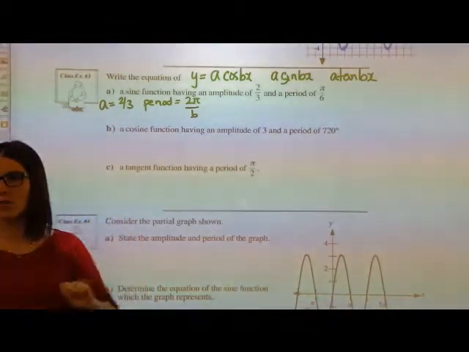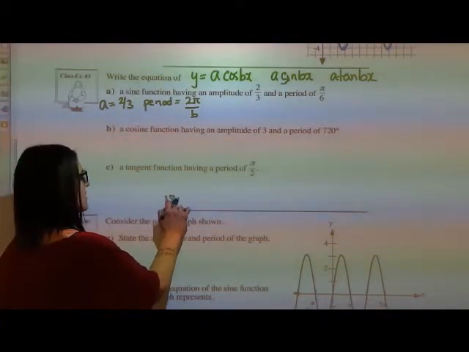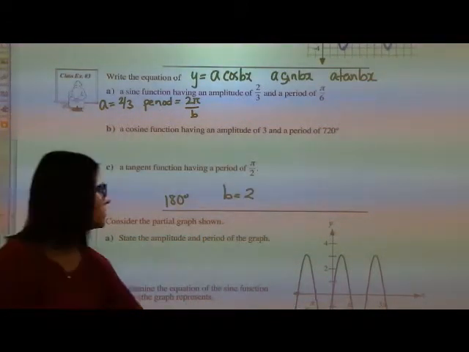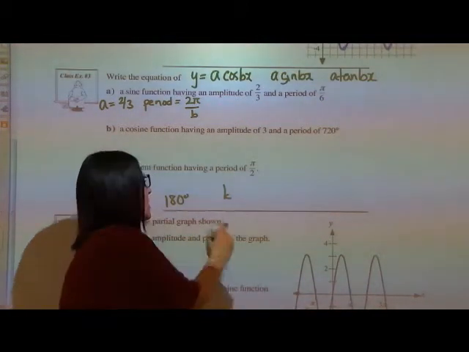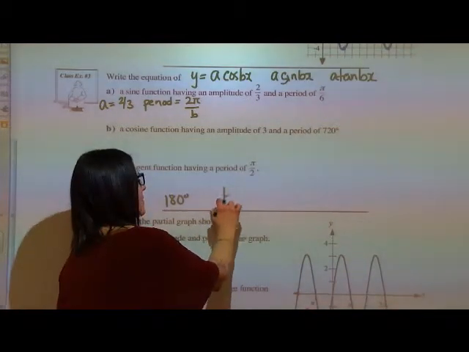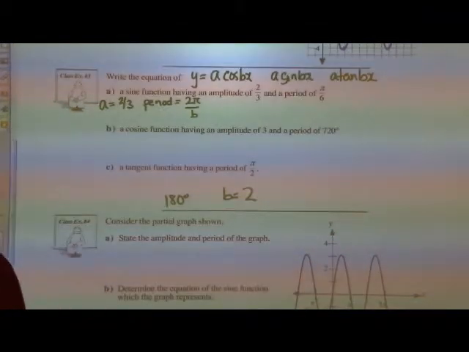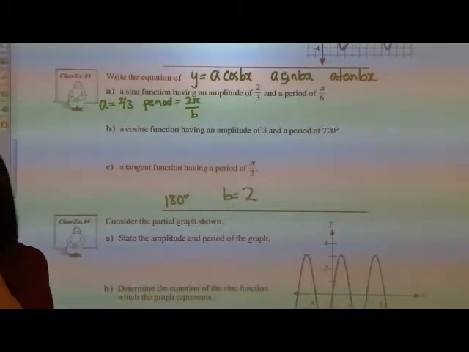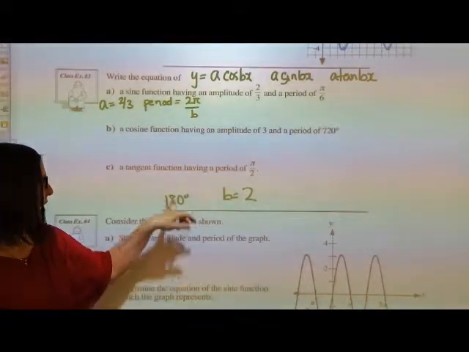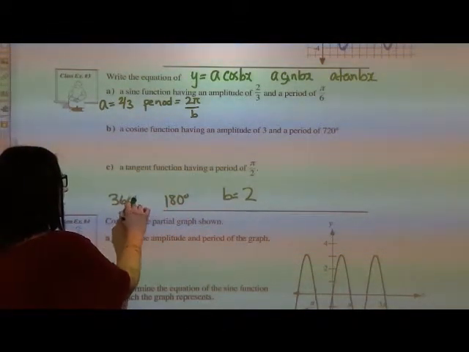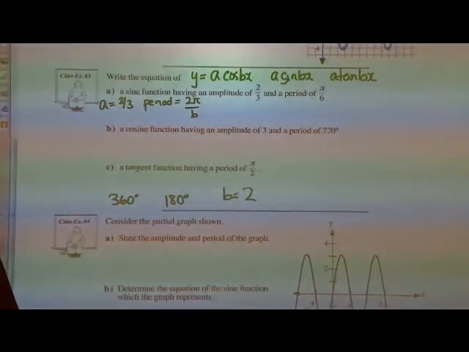If you knew that the period was 180 degrees, how would you determine that b this time would be equal to, not 1/2, sorry, b would be equal to 2. How could I use 180 degrees and 360 degrees to get to 2? Divide 360 by 180. Yeah.